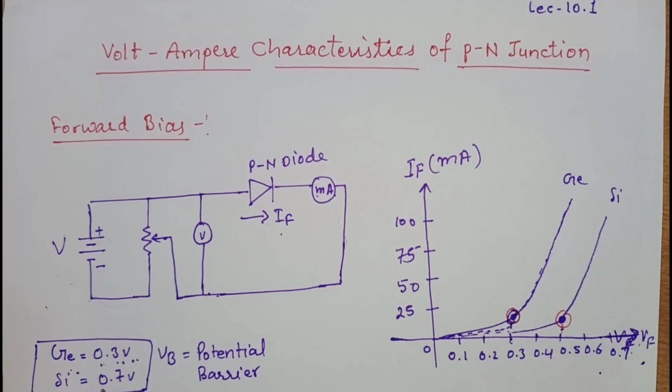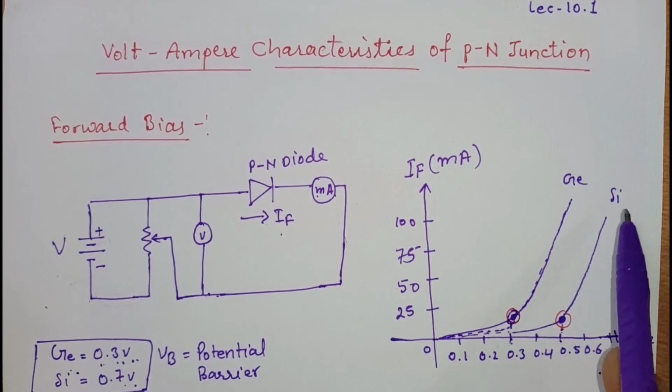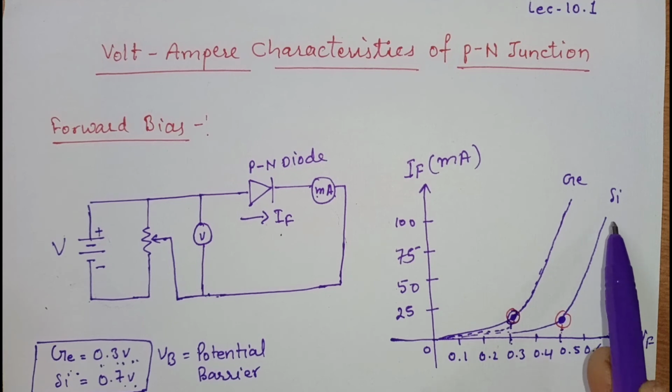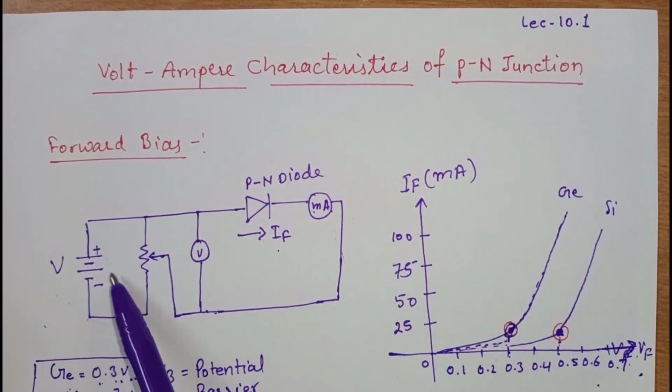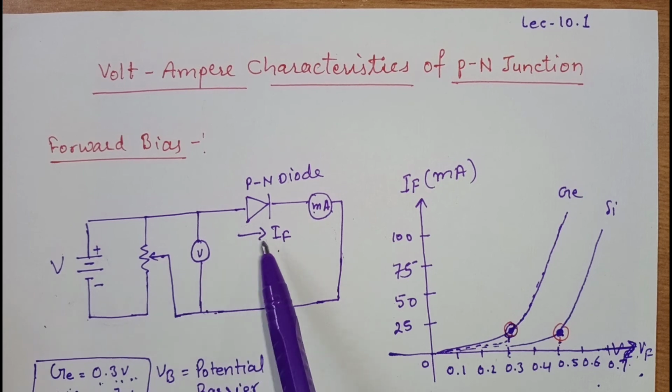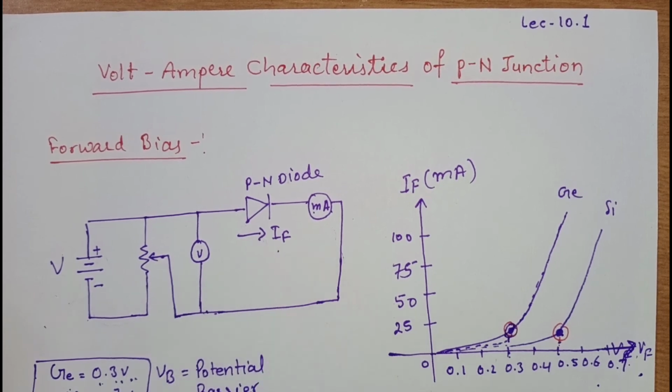And for silicon, it is 0.7 volt. So for silicon, the knee voltage or the threshold voltage is near 0.5. After that, the current increases in an exponential manner. So we can say in the forward bias condition, when we apply voltage across the PN junction, the current through the junction changes in an exponential manner.